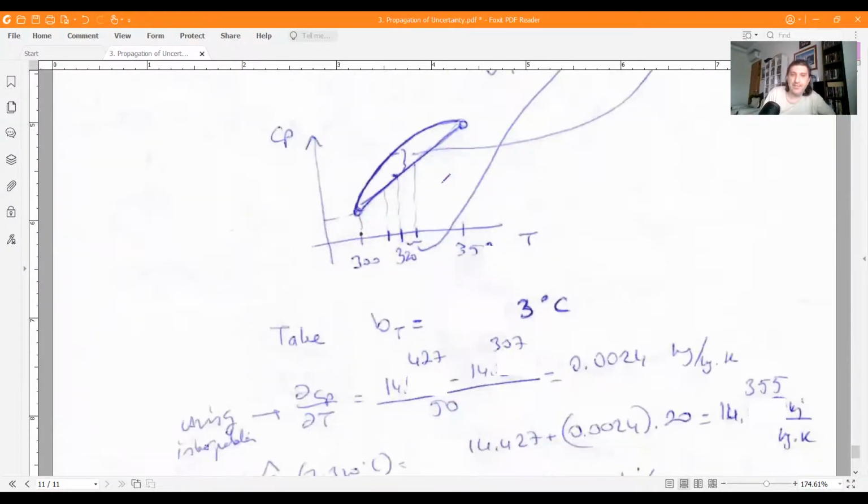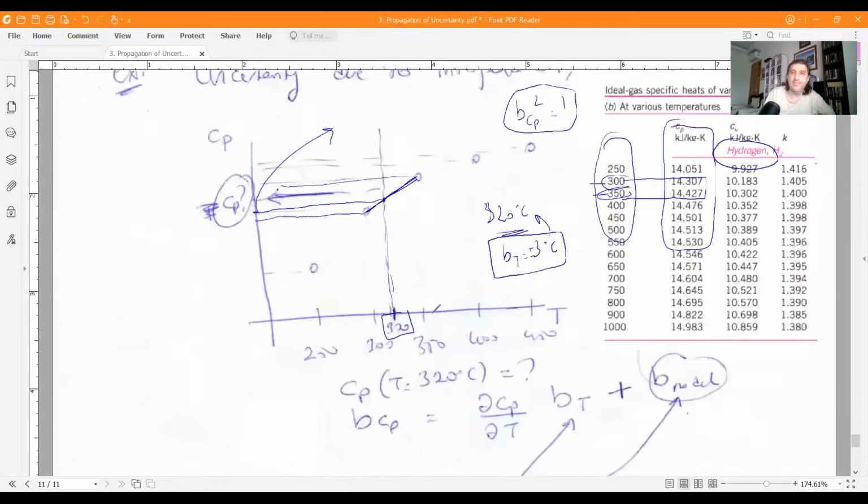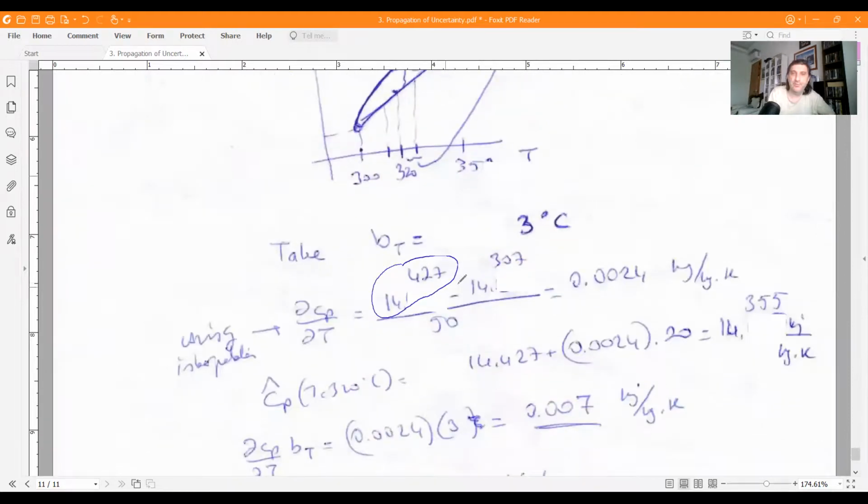So if we basically do that, it's going to be corresponding to those two temperature values: 14.427 is Cp at 350 Celsius, and at 300 Celsius it is 14.07. I wrote them in a little funny way because I erased something here, and we divide by 50, which is the temperature difference.